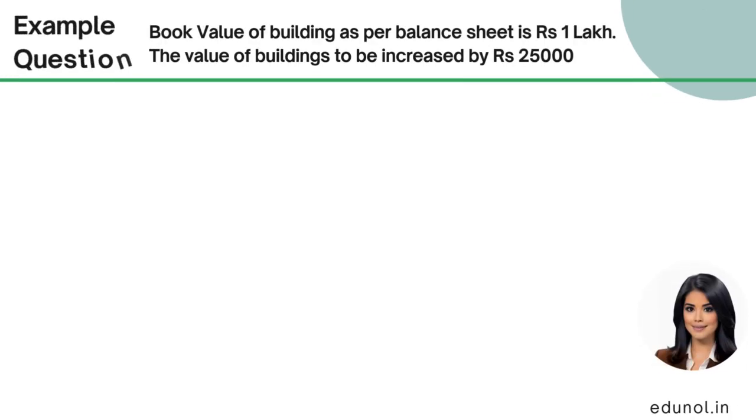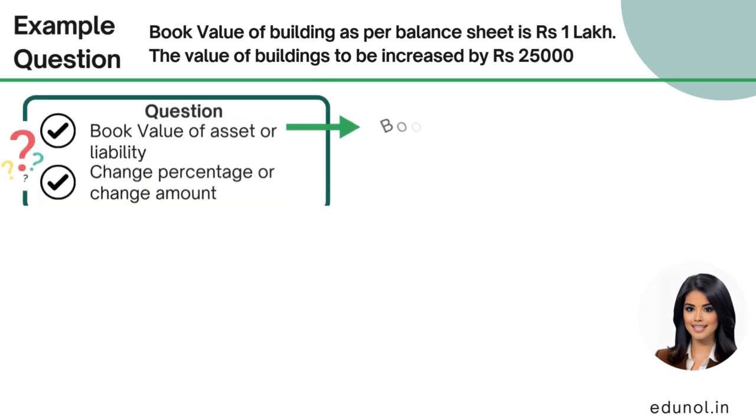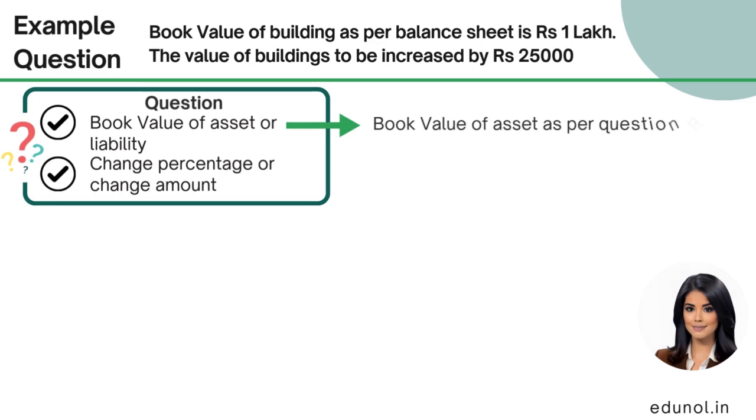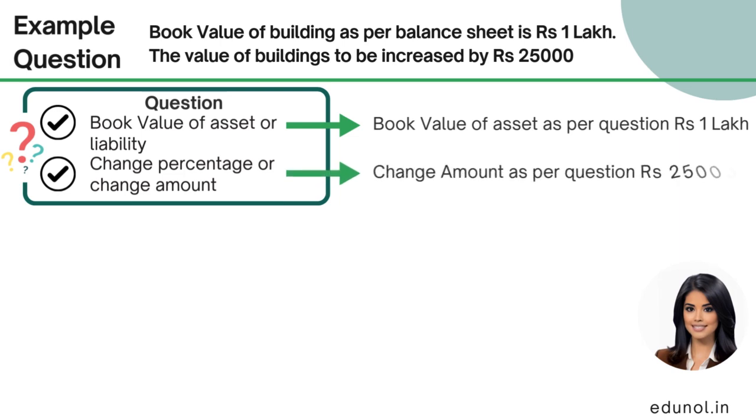The example question gives book value of building as per balance sheet as 1 lakh rupees. The value of building is to be increased by 25,000 rupees. Here the book value as per question is 1 lakh rupees. The change amount as per question is 25,000 rupees. Now we have to calculate two numbers.